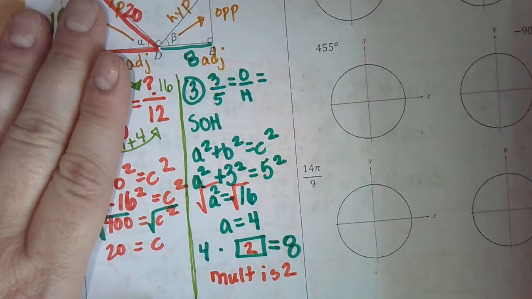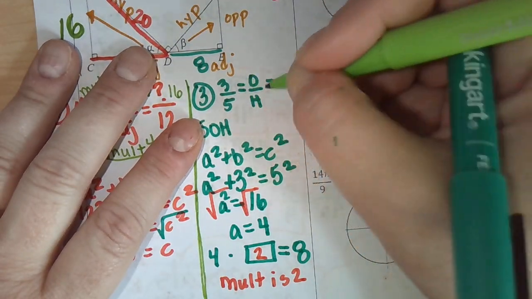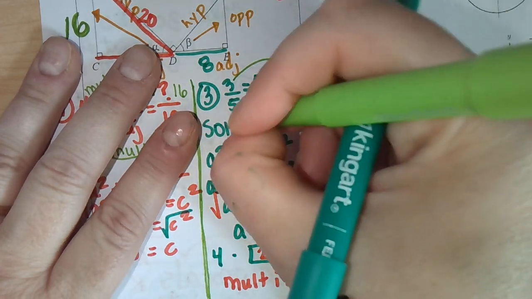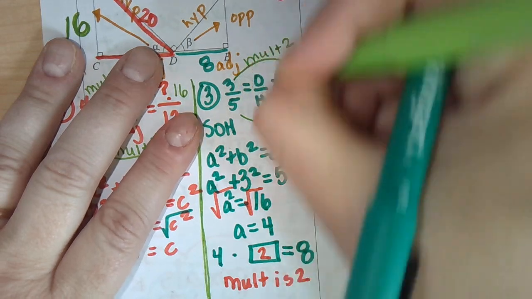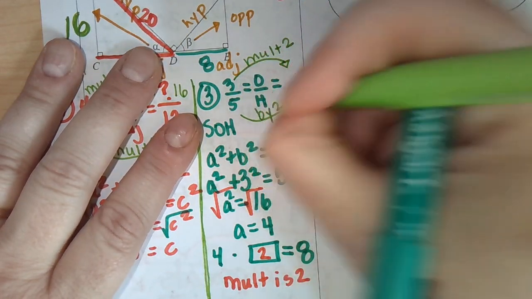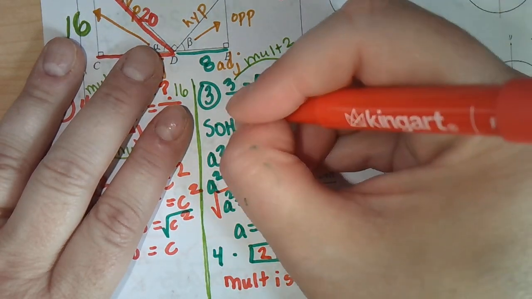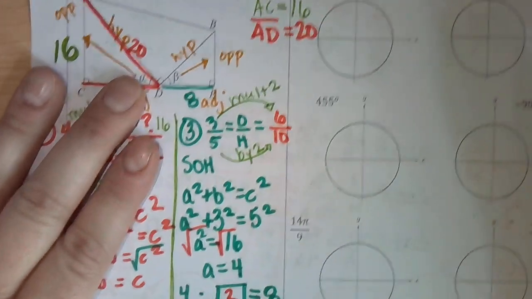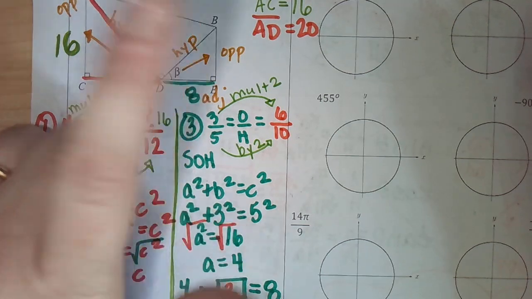So let's go back up to this 3 over 5 and O over H. And we're going to multiply by 2. 3 times 2 is 6. 5 times 2 is 10. That's the opposite and the hypotenuse of this right-hand triangle.